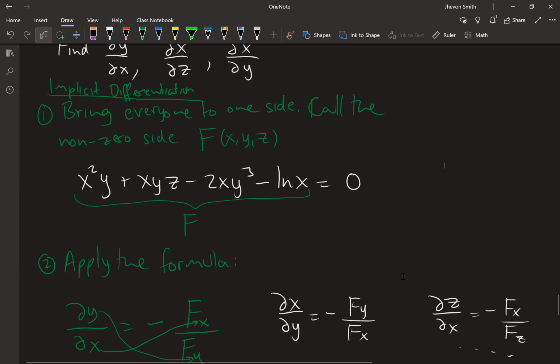A partial derivative is a whole other thing. Remember, a partial derivative just means you consider one variable at a time, all other letters are constants, and you can just go through and apply your derivative rules there.